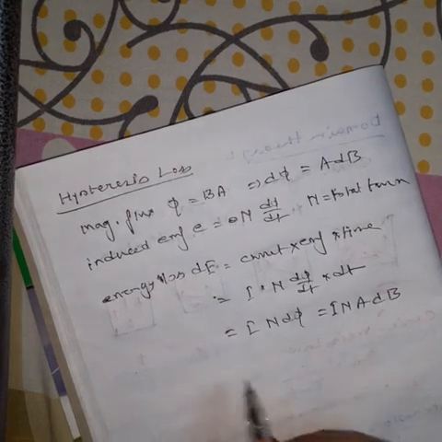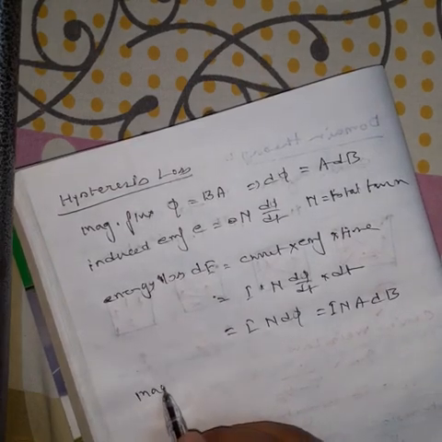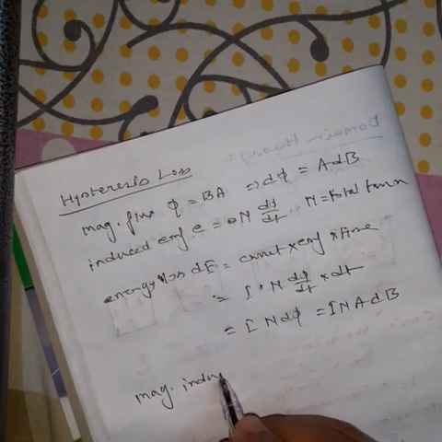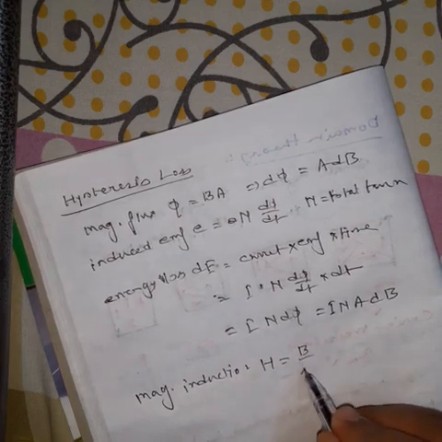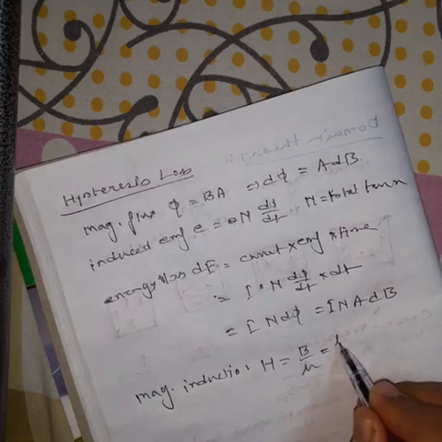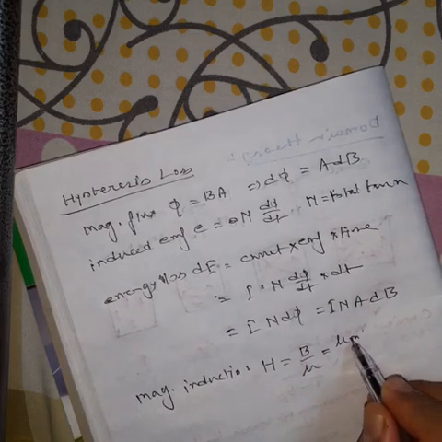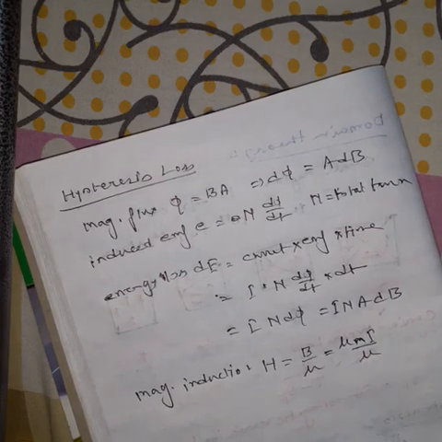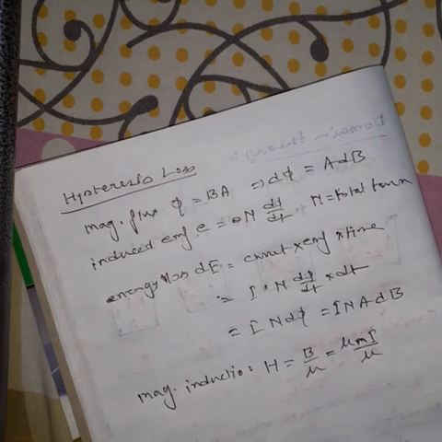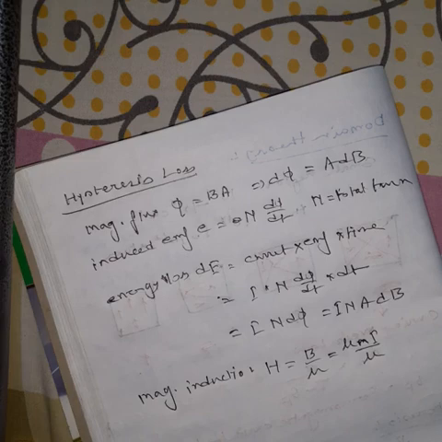Now from the definition of magnetic induction, we have H equal to B by mu, or B equal to mu n i, which is a standard thing. This is for any coil.